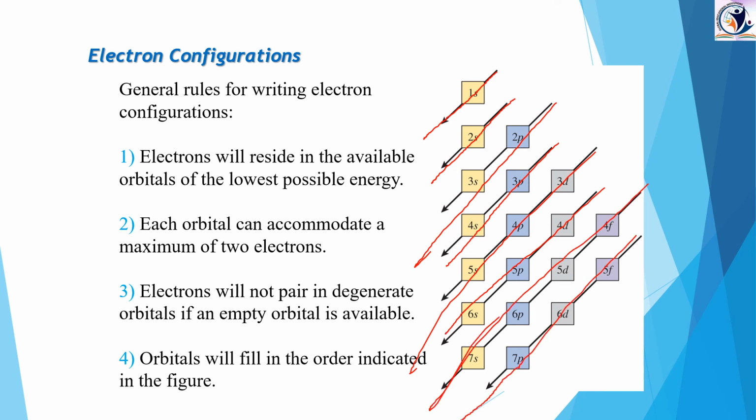Here it will be 7f or some 8s. Okay, 8s will be there. Got it? So you can see the order: 1 and 1 filled, then 2 and 2 filled, and then 3 and 3 filled. I'm just telling you this only to understand. Take your scale and try to draw the parallel lines, then you will get it easily.